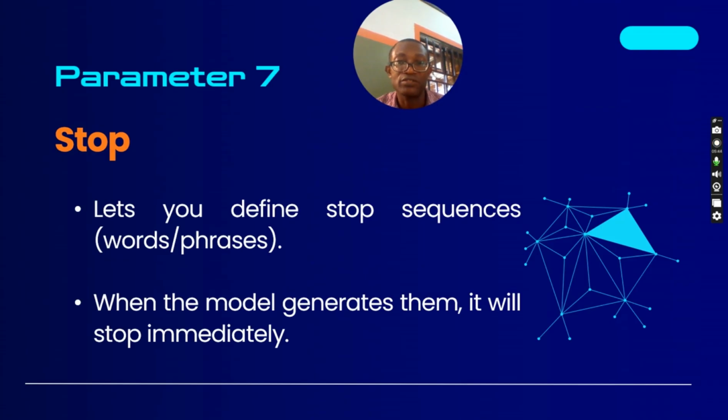So when the model is generating and it gets to these stop sequences that are configured as part of the parameters, the model stops generating. These 7 parameters are very critical in building large language models, and you must know them.